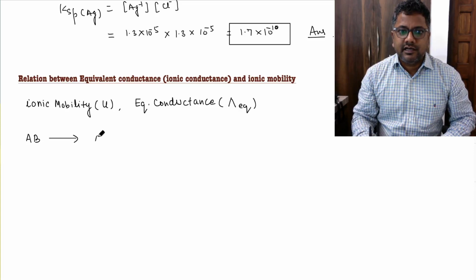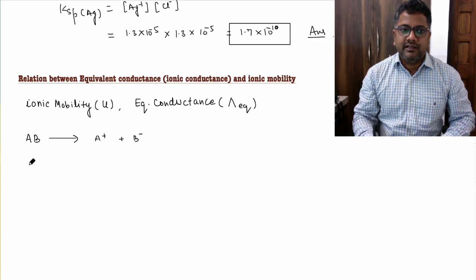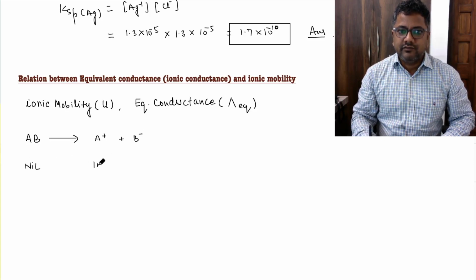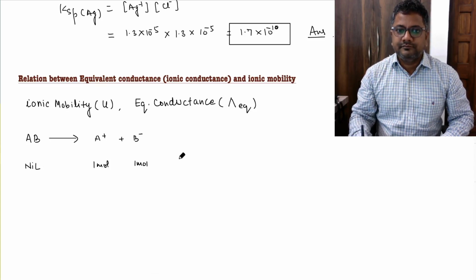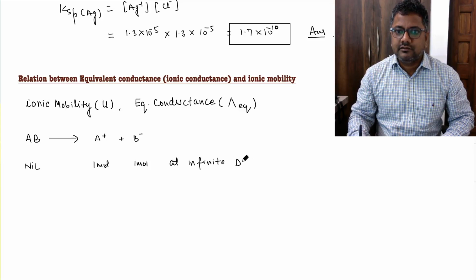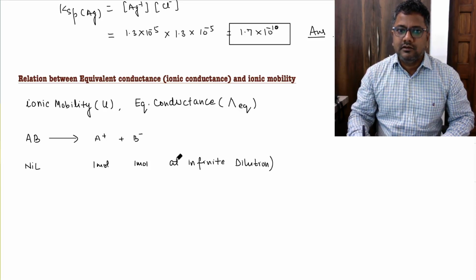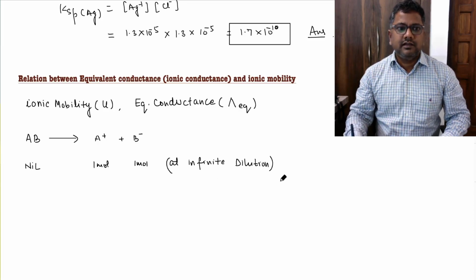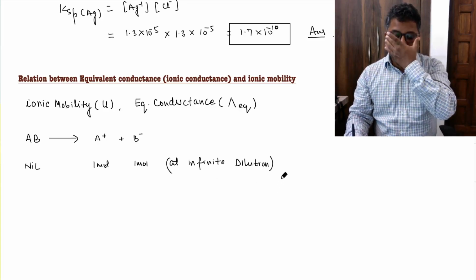Suppose that we have a simple electrolyte AB at infinite dilution. This is completely converted into A plus and B minus. Initially it is 1 mole, and at infinite dilution it is nil.